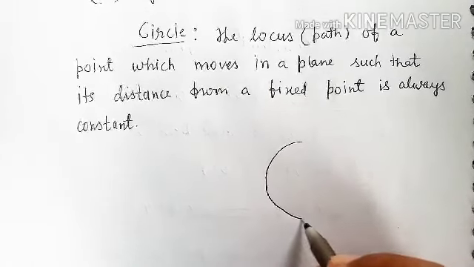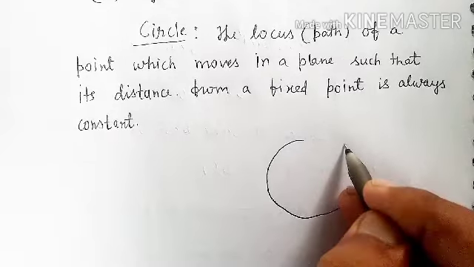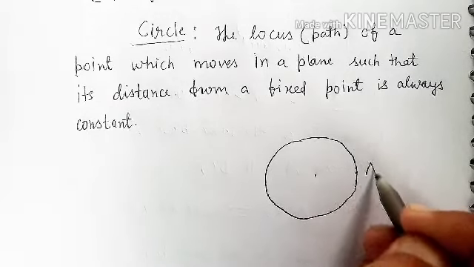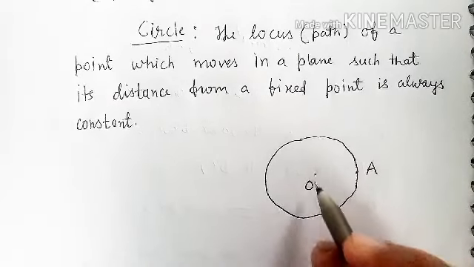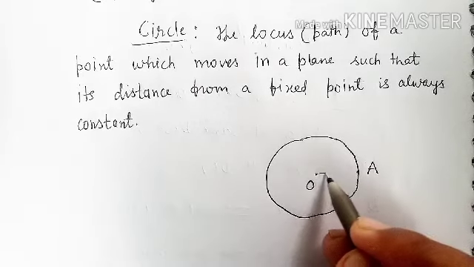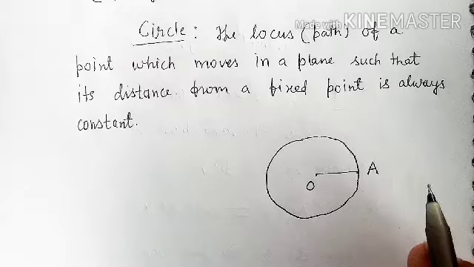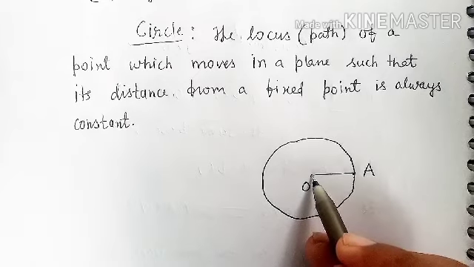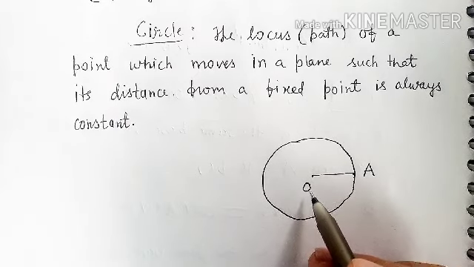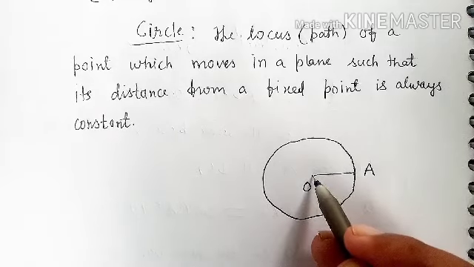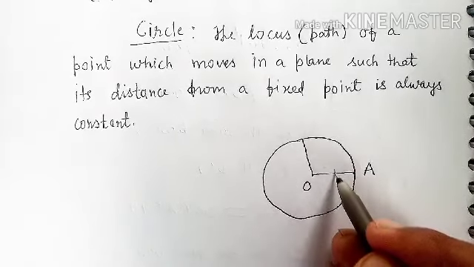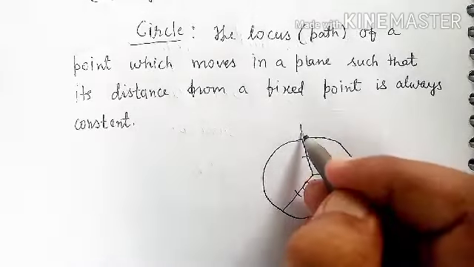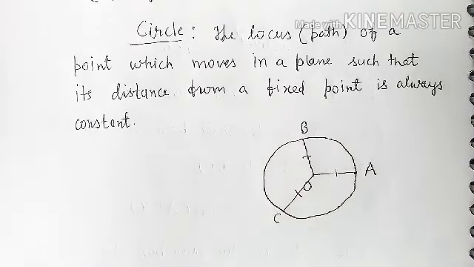Suppose a point A is moving. This point A is the moving point which moves in a plane such that its distance from a fixed point, the fixed point is O, is always constant. You can see these distances are equal: OA is equal to OB is equal to OC.